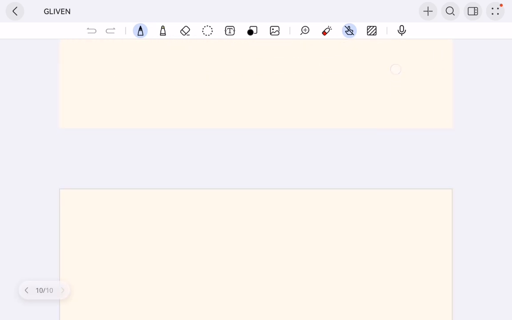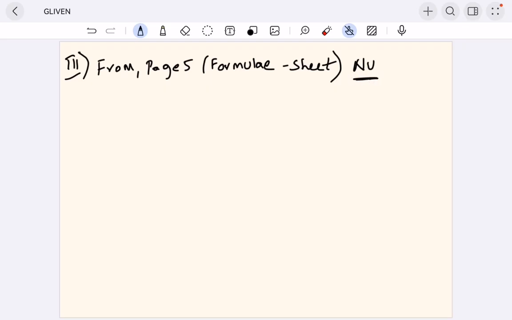So let's write down the equation of Nusselt number from page 5 in the formula sheet. We have the Nusselt number Nu. Why am I choosing that particular number?